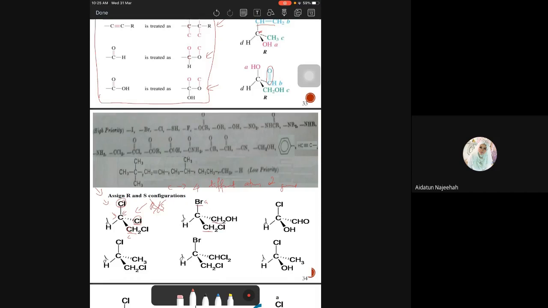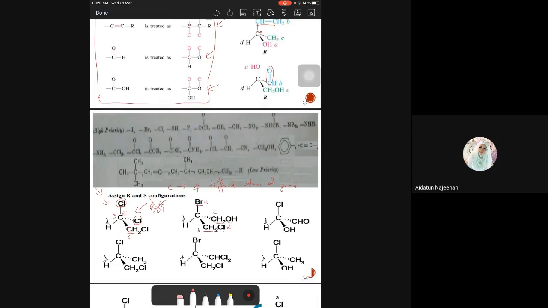Then you have to proceed along the way to see the first point of difference. The first point of difference here is between chlorine and oxygen. Between these two, chlorine will have higher priority because it has the atomic number of 35.5, while oxygen is 16. So this would be B and this would be C.